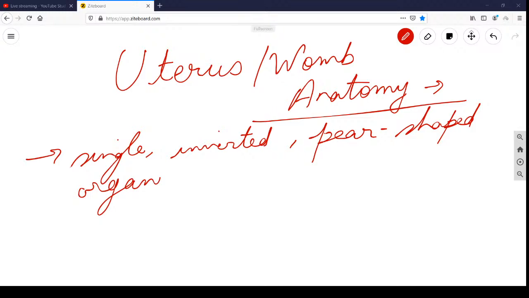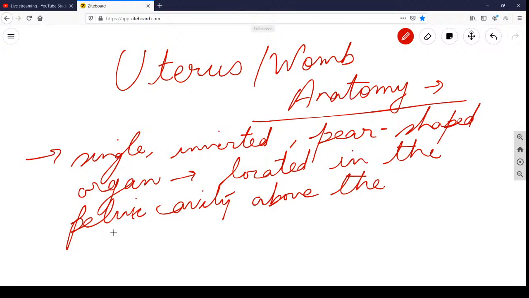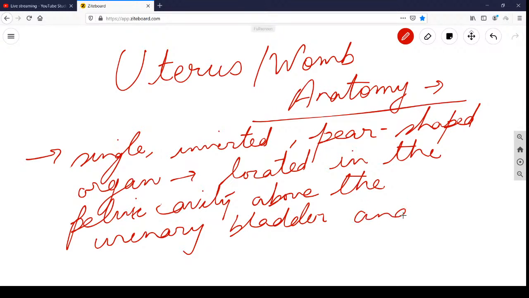It is located in the pelvic cavity above the urinary bladder and anterior to the rectum, or in front of the rectum.